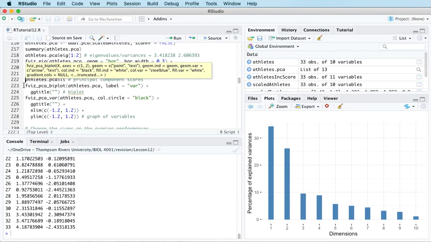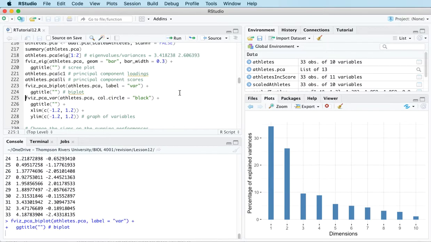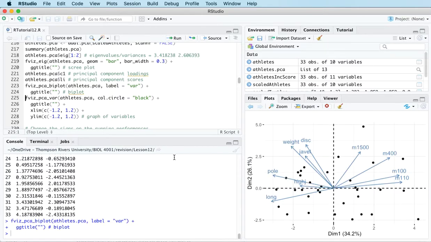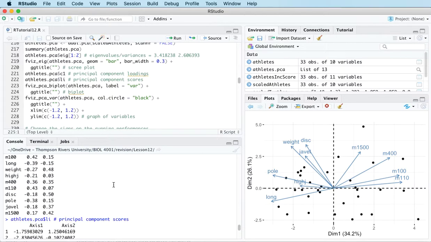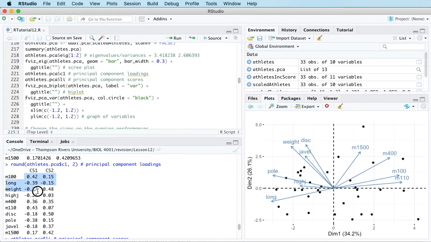Instead, I'm going to take a look at a biplot of the results. This illustrates the point I was making with the loadings: we've got all the running and hurdles, so the 100 meters, 400 meters, 1500 meters, and the 110 meters hurdles.